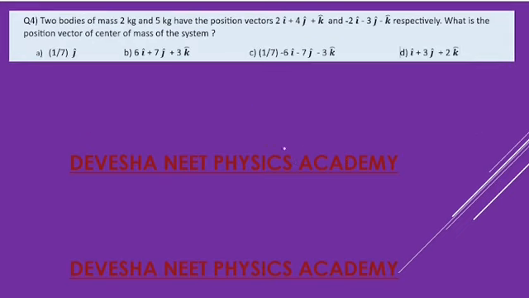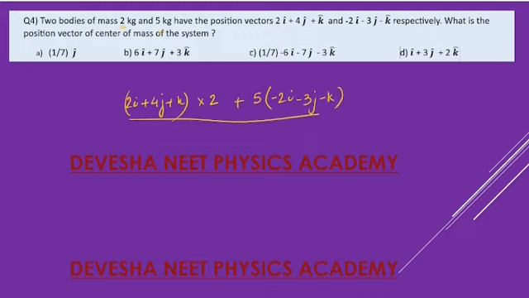So we can just say that center of mass of this is equal to 2 into 2i plus 4j plus k, plus 5 into minus 2i minus 3j minus k, and this we need to divide by the total mass, 2 plus 5, which is 7.